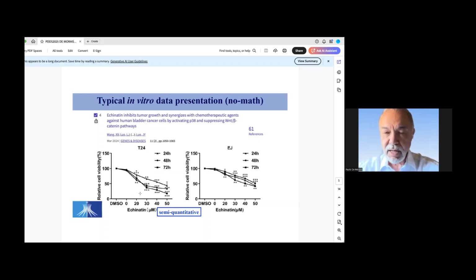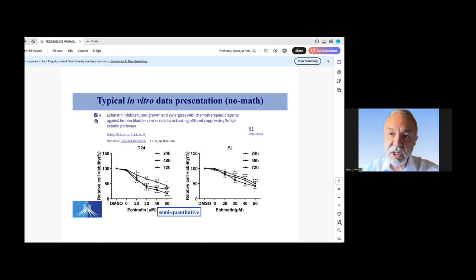But I would say obvious information: as you increase the concentration of the challenging molecule, in both cases, the cell viability reduces systematically. And also, if you increase the time of incubation, like going from 24 hours to 72 hours, the cell viability reduces too.